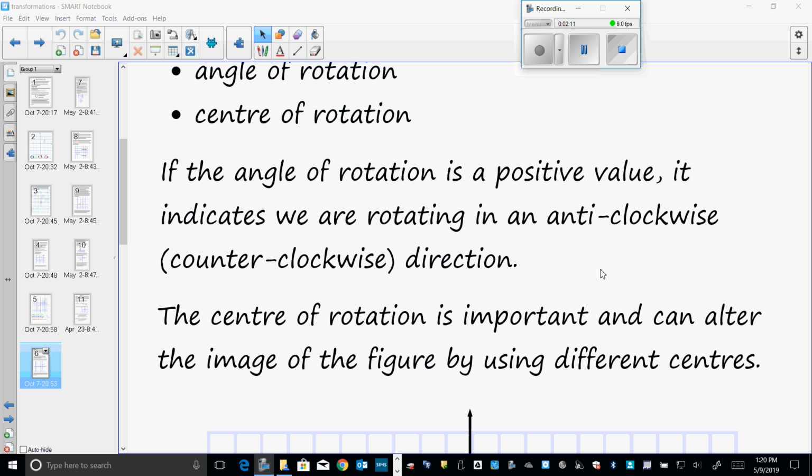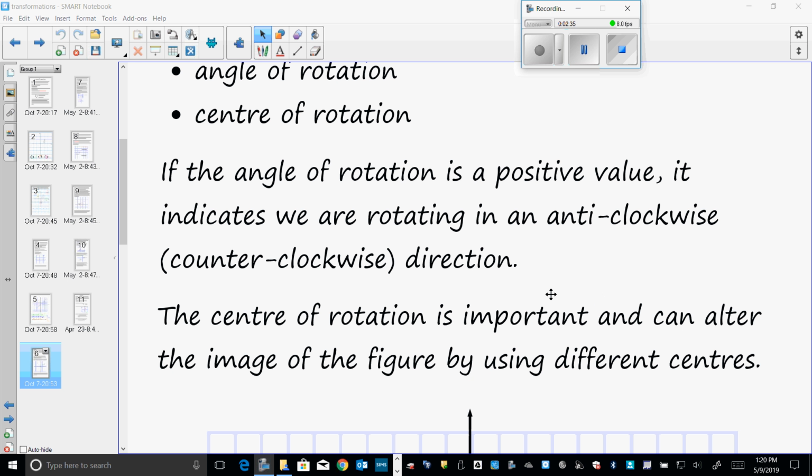It sounds weird. So if your angle is positive, it indicates that we're going in an anti-clockwise or counterclockwise direction. It tends to be more now that rather than just give a positive or negative value, they actually tell you clockwise or anti-clockwise, which is much easier because it causes less confusion.